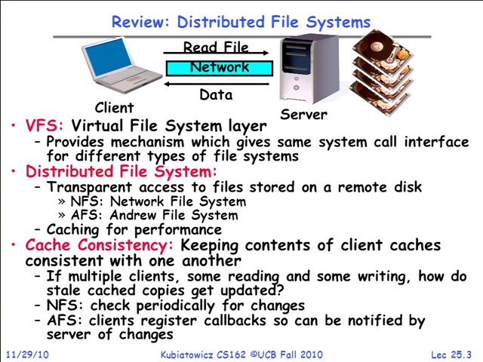The other thing I did mention about AFS, which is a very interesting idea, is the semantics of update. The updates for AFS are only registered when you close. So when you open a file, you actually get a completely consistent copy of the file. And if you modify it, nobody sees any of the changes until the point at which you say close. And then they see all of the changes. Okay?